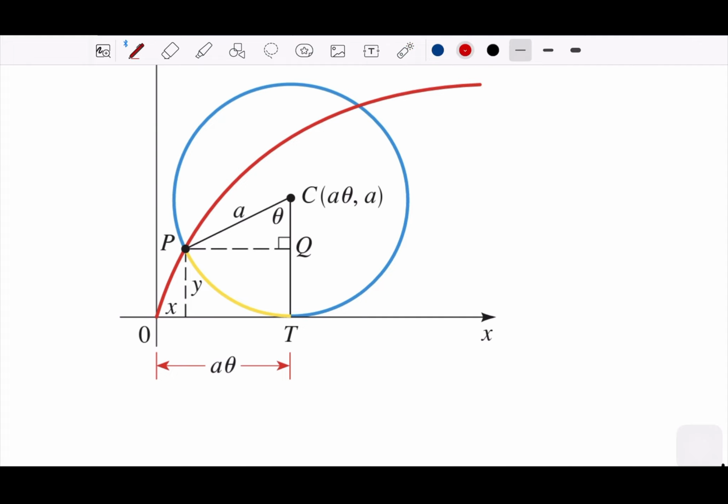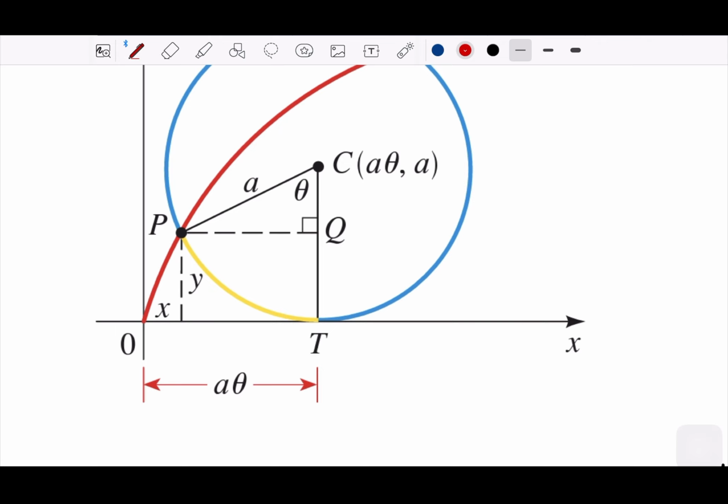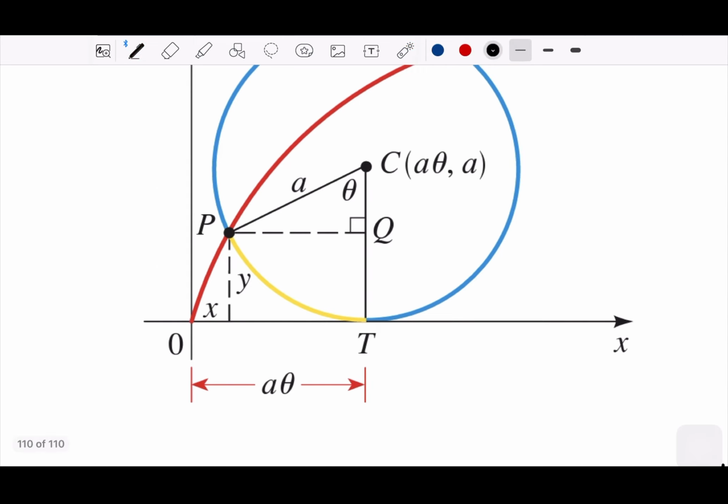So first, this yellow line starts at the beginning, the P. This original P starts from here, from this point, right?